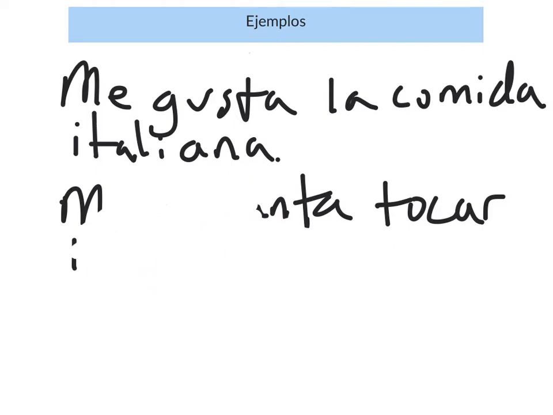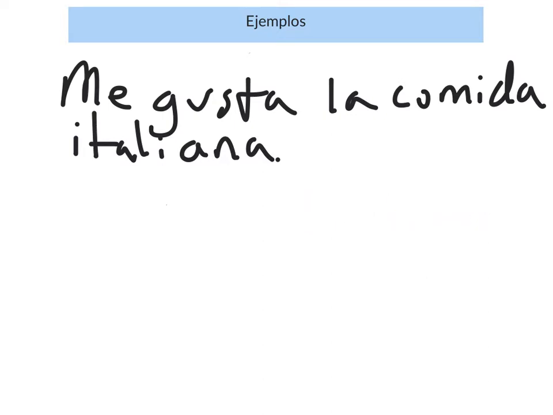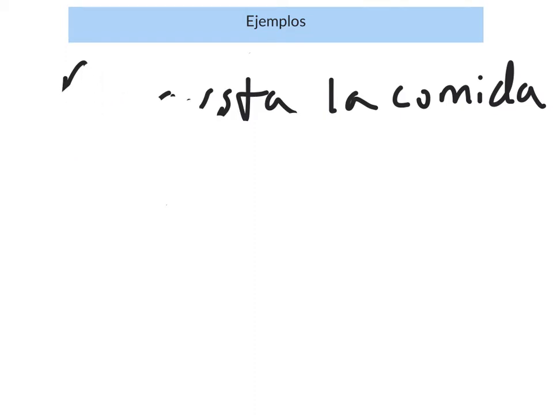The next two verbs that we'll look at, as I erase this board here, are also used to express things that we prefer, things that we like. So these first four verbs are all different ways of talking about things we like, things that make us happy, but just in slightly different ways.